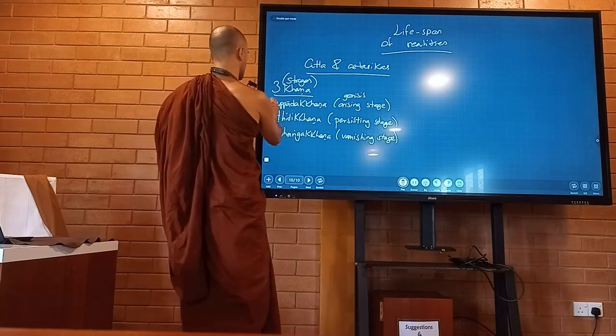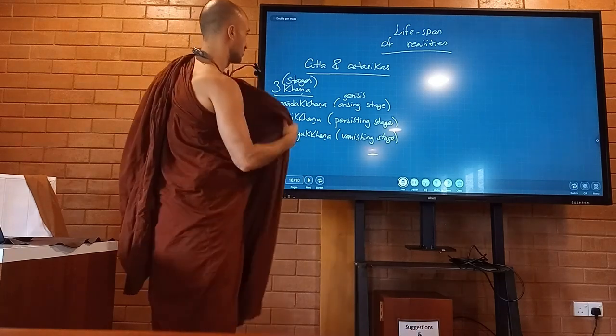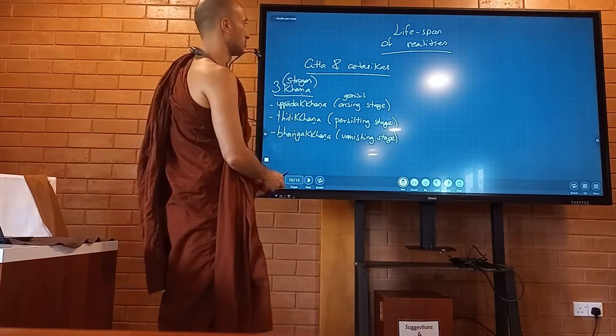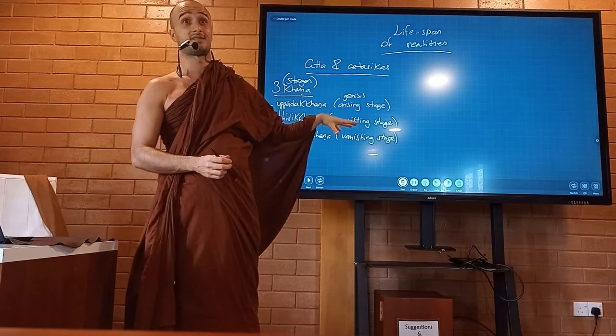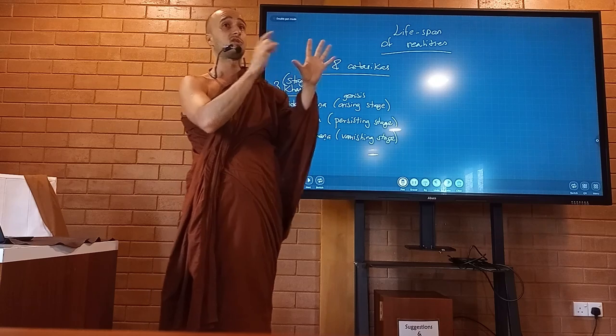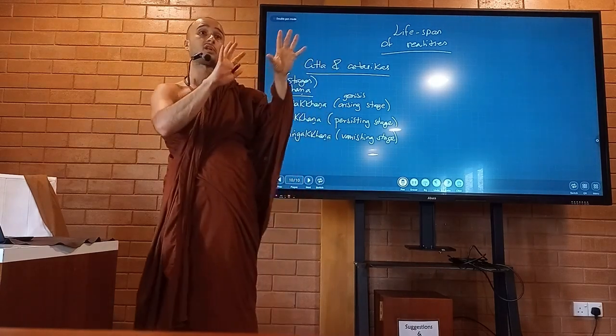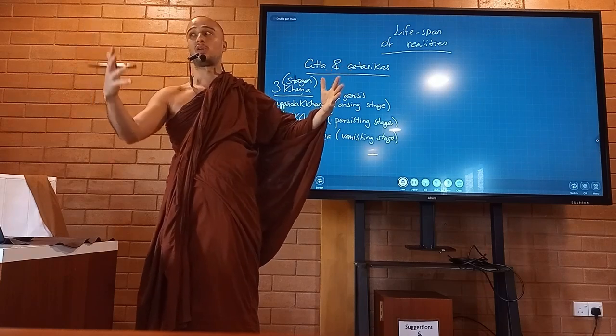So you have these 3 stages of reality. Now when it comes to chitta and chitta sikas, how long do these stages last? These stages are stages of realities, but they have different lengths, different lifespans, depending on the reality.